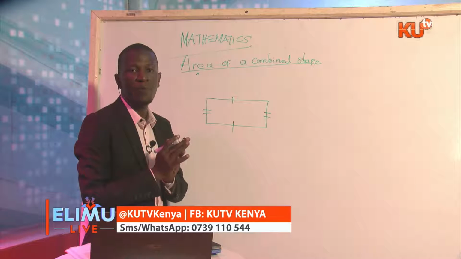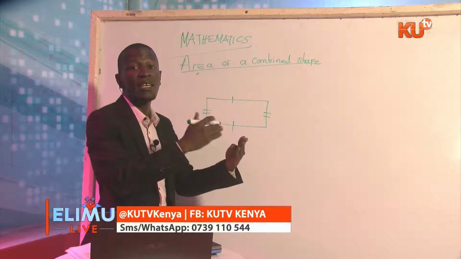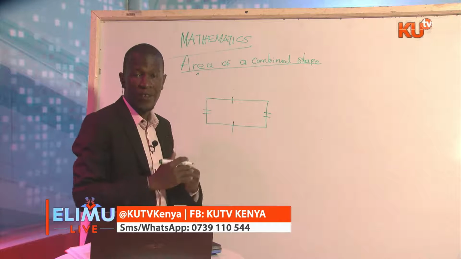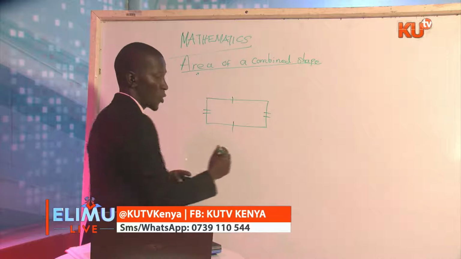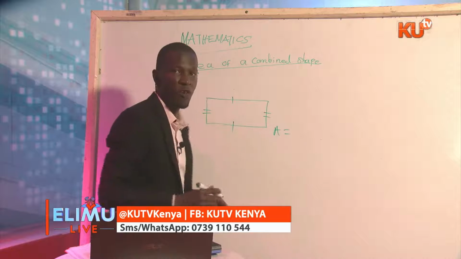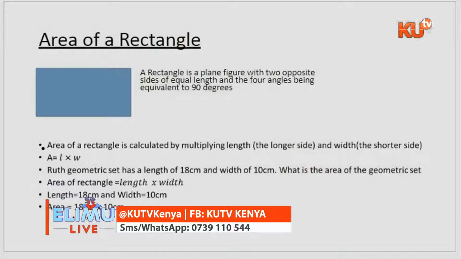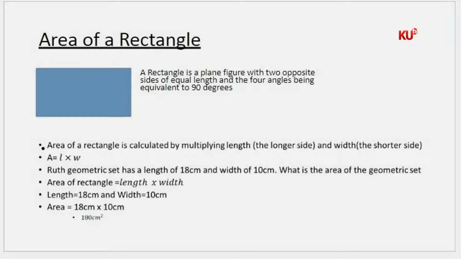And the shorter side, we call it width. So the two opposite sides are equal. After knowing that, the second property is how to find its area. How do we get the area of a rectangle? Area of a rectangle is equal to length times width. As you can see on your screen, area of a rectangle is calculated by multiplying length, the longer side, and width, the shorter side.